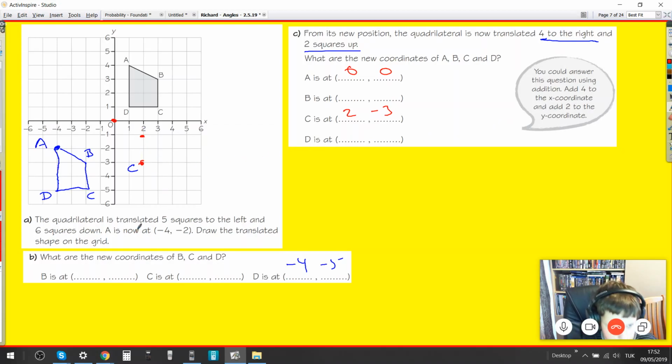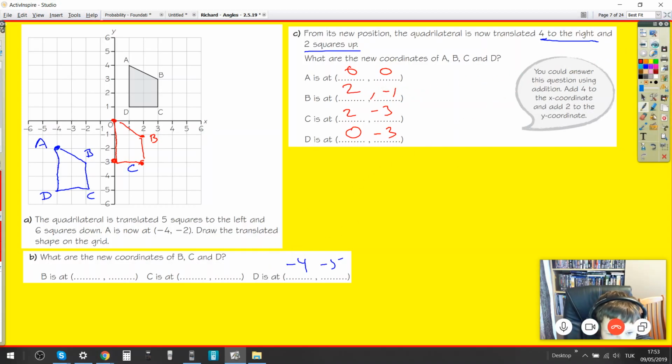And then D would be at minus 3, 0, and 0 minus 3. Yeah, and actually we had the A already, I think. So you said D was 0 minus 3. Coordinates of B? Oh, you said it already. Yeah, 2 minus 1. Okay, that's good.